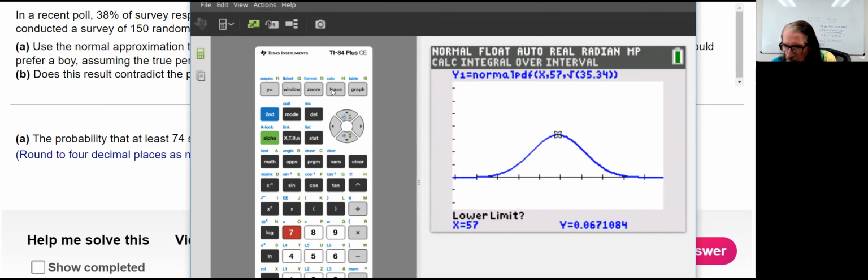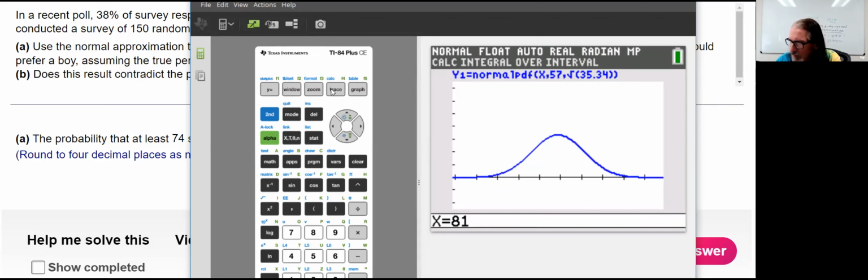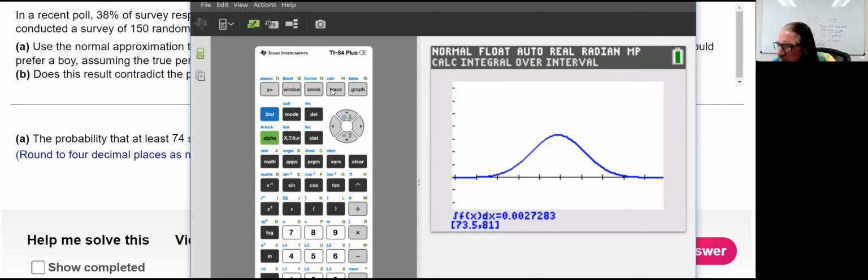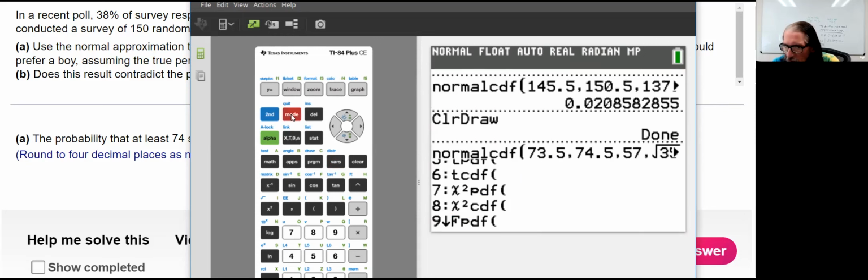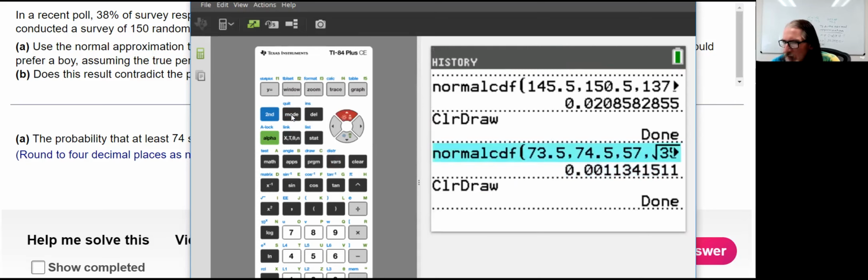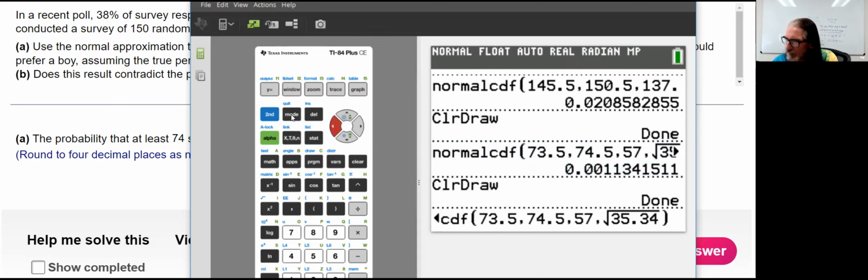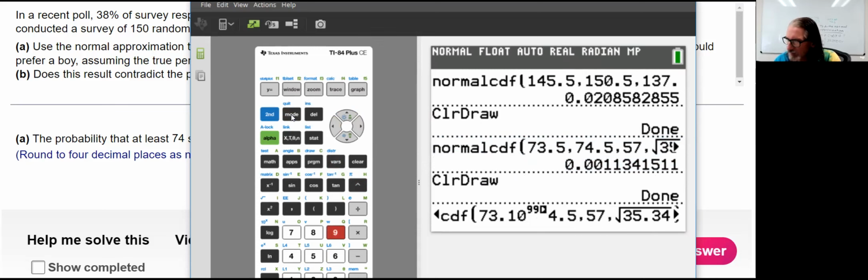So let's see, 73.5 to 81. It's a little more appreciable, but still pretty small. With normal CDF, we're going all the way to the right of that 73.5. I think also I've got a typo there.